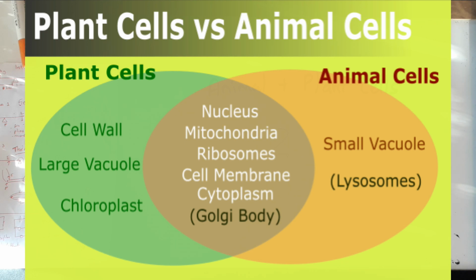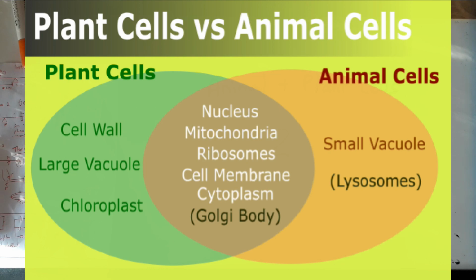Animal cells have a small vacuole, while plant cells have a large vacuole. Some textbooks actually go the length to say that an animal cell doesn't have a vacuole at all. I am sticking with a small vacuole as opposed to a large vacuole in the plant cell.